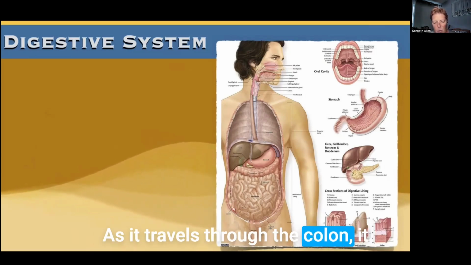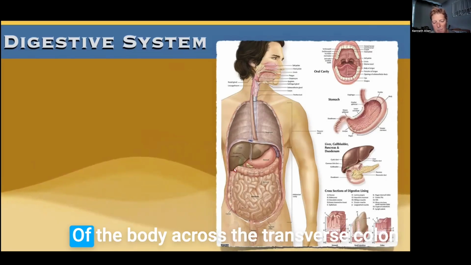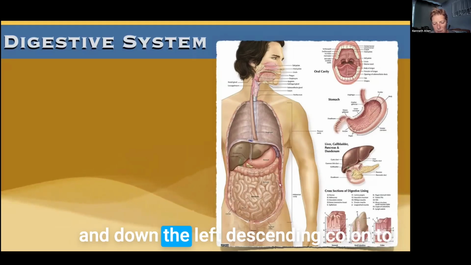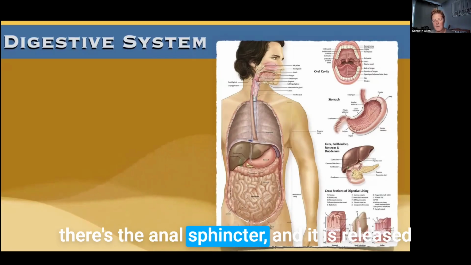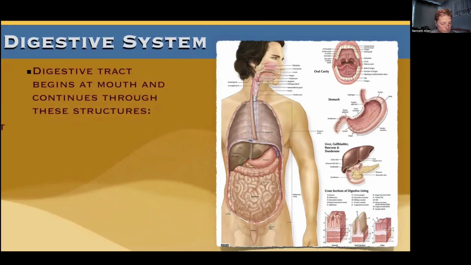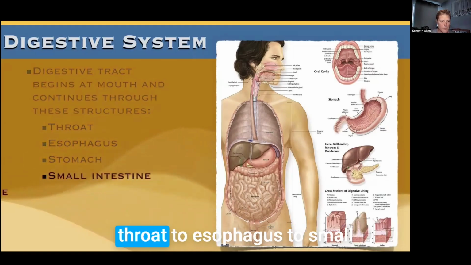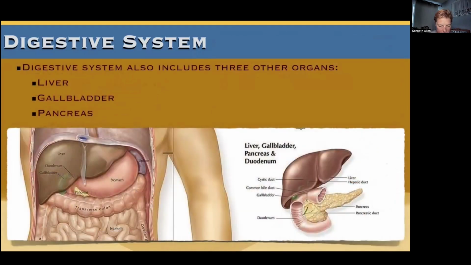As it travels through the colon, it goes up the ascending right side of the colon of the body, across the transverse colon, and down the left descending colon to finally down into the rectum, where there's the anal sphincter, and it is released, hopefully, when there is a place for it to go. So we're watching it travel from throat to esophagus to small intestine, large intestine to rectum, to finally the end.